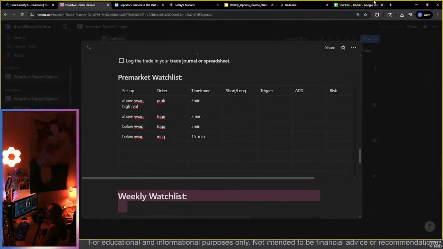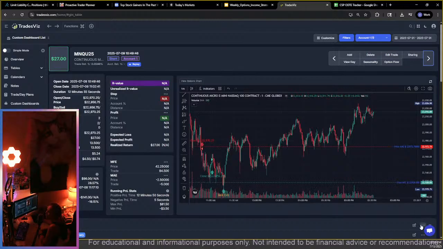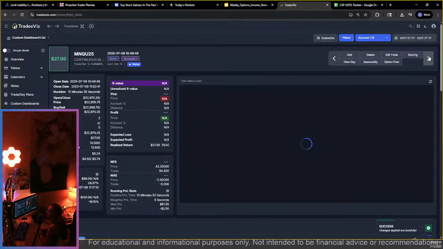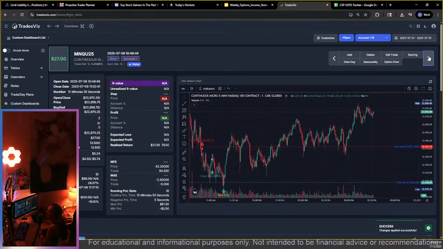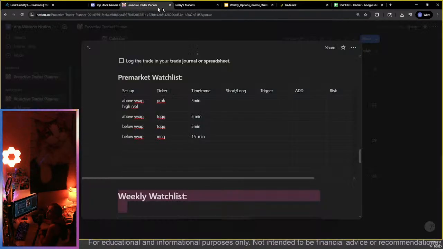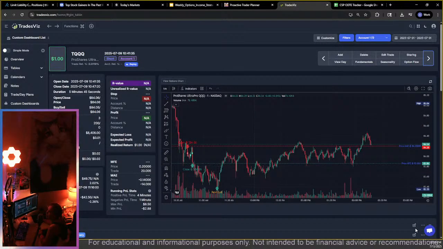Below VWAP trade. I'm moving all around. Tag. On the 9th. Well. They're below VWAP trade.